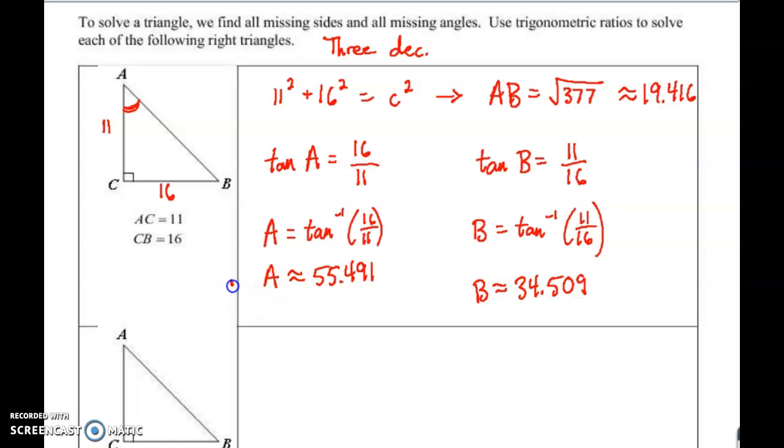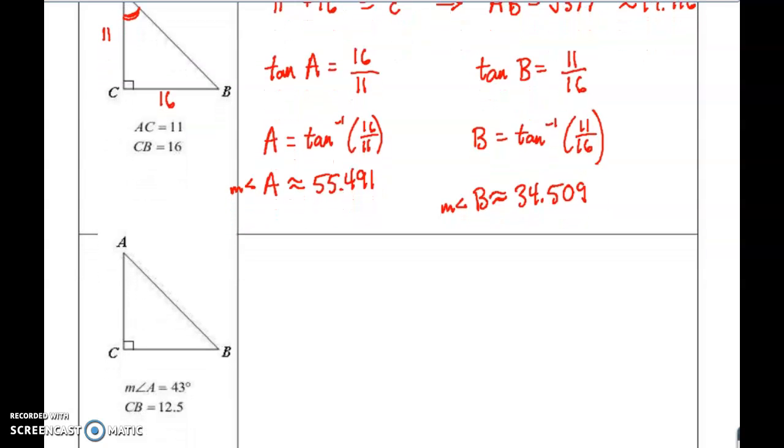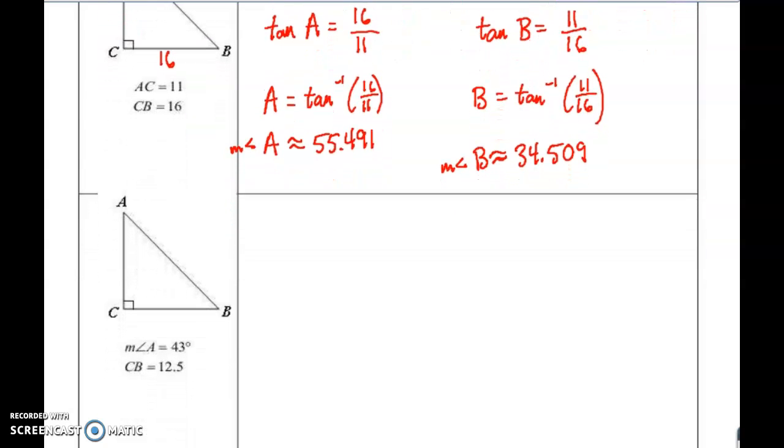I don't mind if you remember from geometry, your teacher probably put measure of angle. I put squigglies anytime we round. I don't know if you've noticed that. That means approximately. Okay, let's move on to the next one.